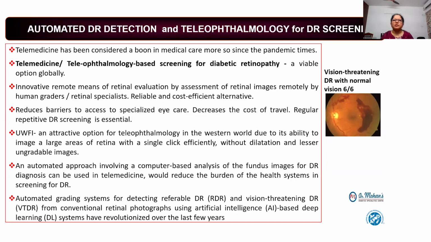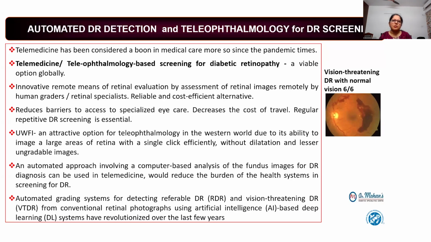In this teleophthalmology practice or telemedicine-based screening, ultra-wide field imaging is more attractive, because when we did teleophthalmology in the earlier days, we found that with non-ultra-wide field imaging, there were a lot of ungradable images. But with ultra-wide field imaging, the amount of non-gradable images is much lesser. Just with a single click, a wide area of retina is covered, and it causes less discomfort to the patient.